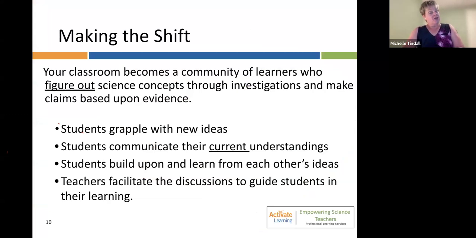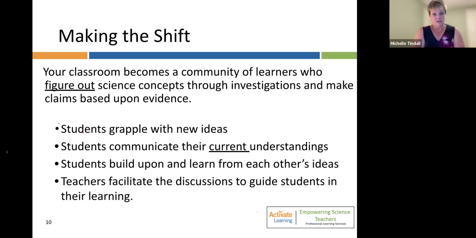So we're making the shift. Our students are grappling with new ideas. They're communicating their current understanding. That's tough, right? Our students aren't in the space feeling comfortable saying, oh, I don't understand this. So we need to really be thinking about how do we make it comfortable for them to communicate their current understanding and to build upon the learning of each other. And then the teacher's role is different now.